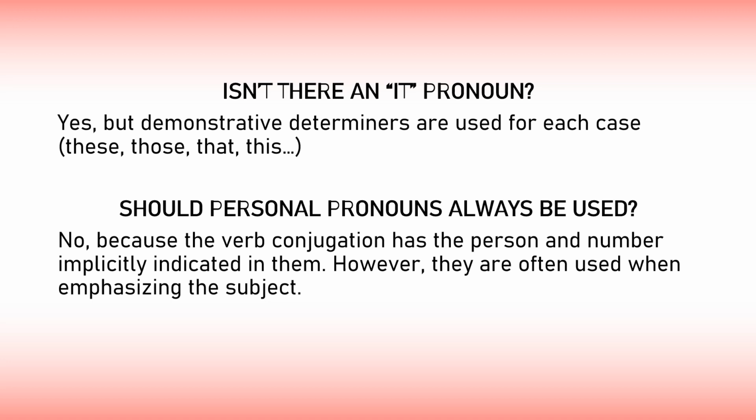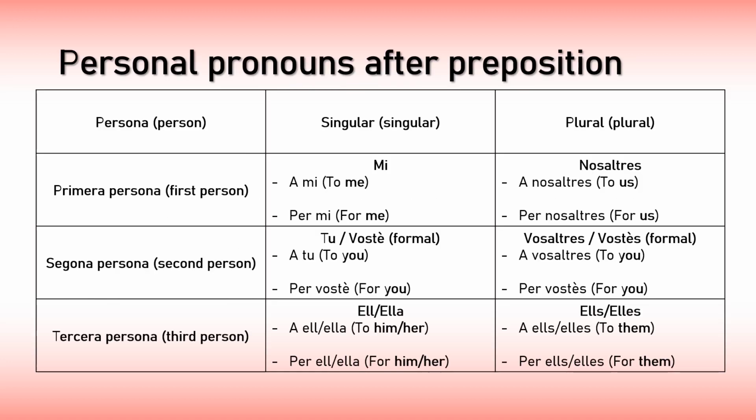Okay, so now let's see the personal pronouns that you use after a preposition. It's important, therefore, to know what a preposition is, and there is a list of prepositions in Catalan that we will also see in the future. But for now, just think about the translation in English.